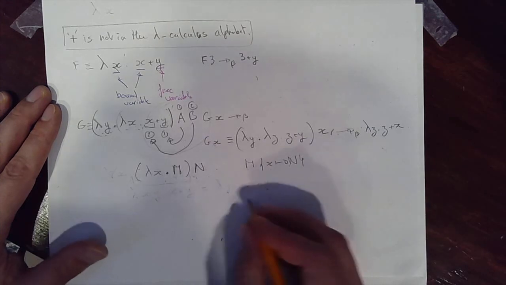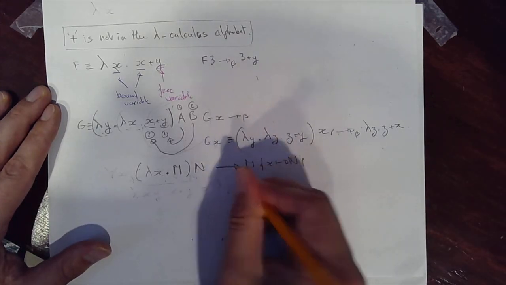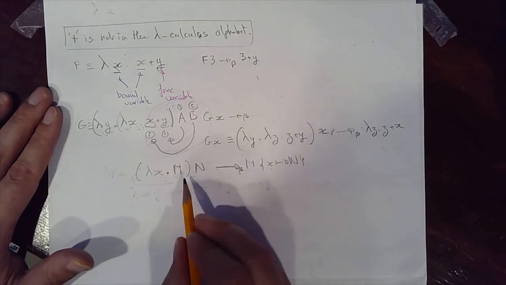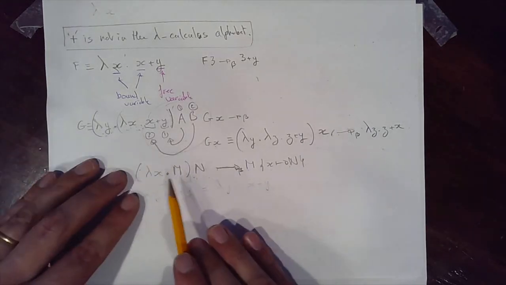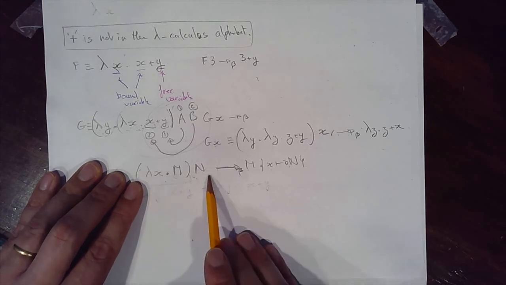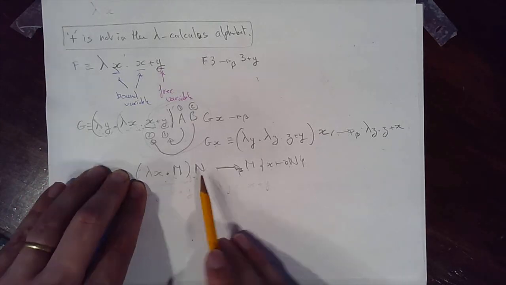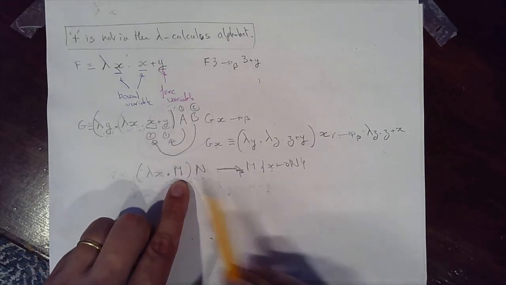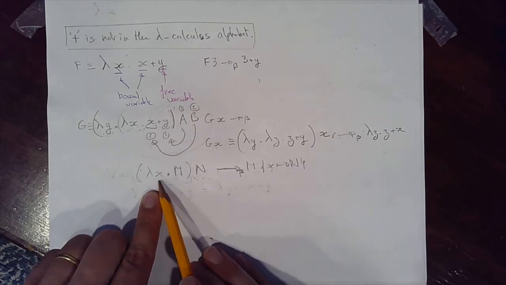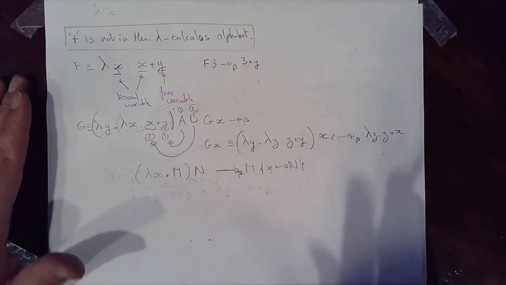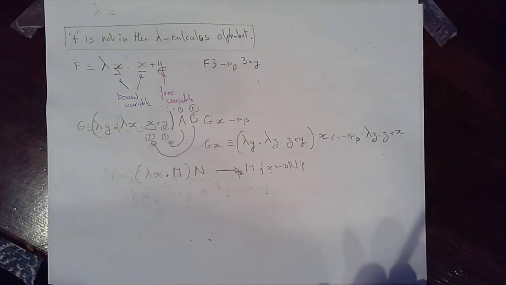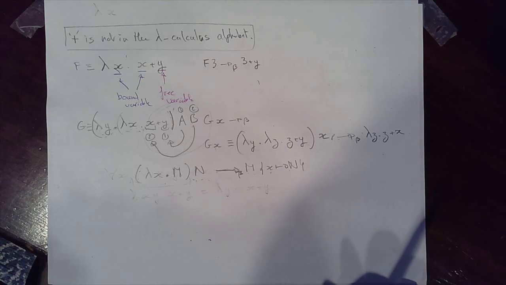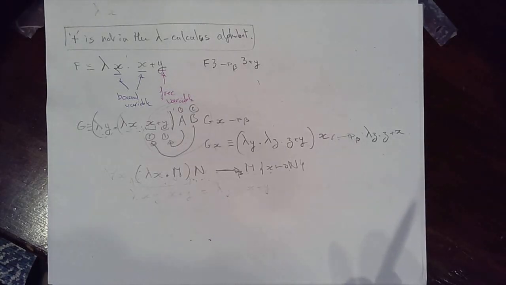Then you can say that this operation is the beta reduction. You reduce this redex by replacing all the x's in m by n, right? That's really what it means. Now, there are different reduction strategies, and we're going to talk a little bit about that.